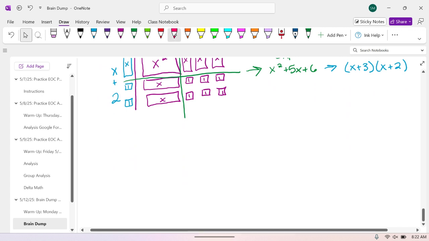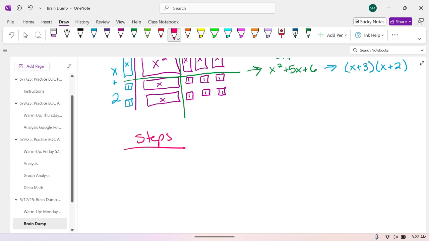And then lastly, just the basic steps, which is just factor out GCF if there is one.